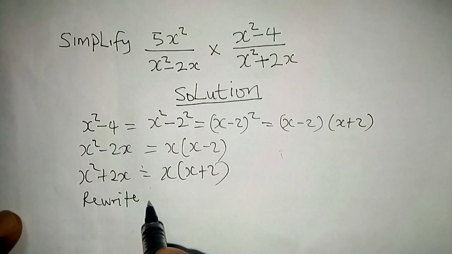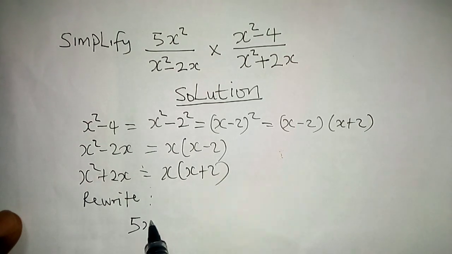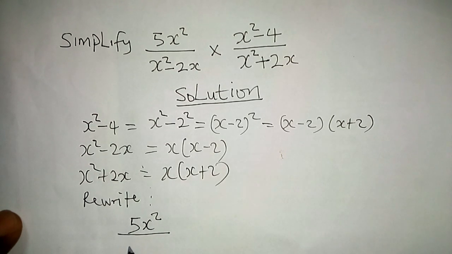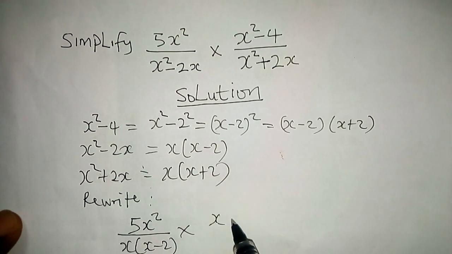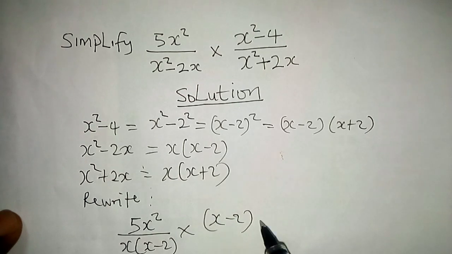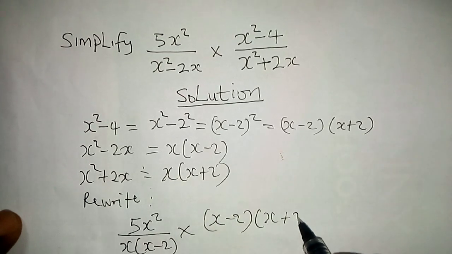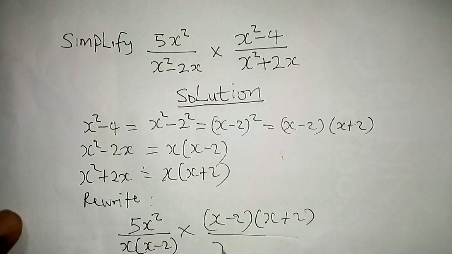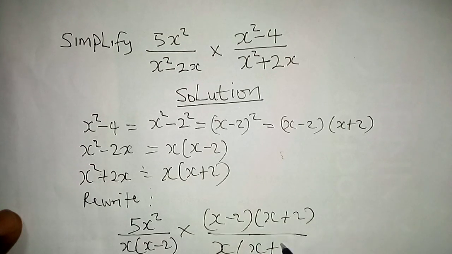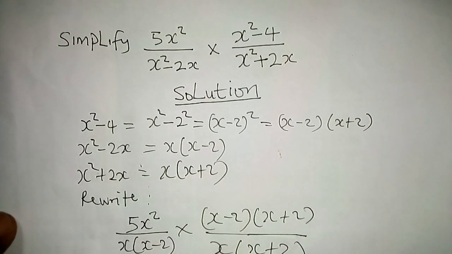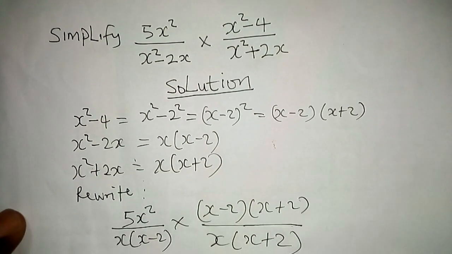So we can now rewrite it as 5x squared all over x into x minus 2, multiplied by x minus 2, x plus 2 all over x into x plus 2.